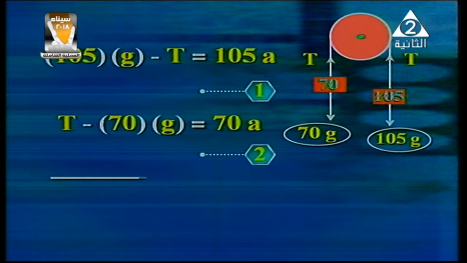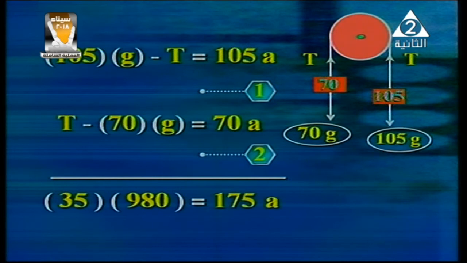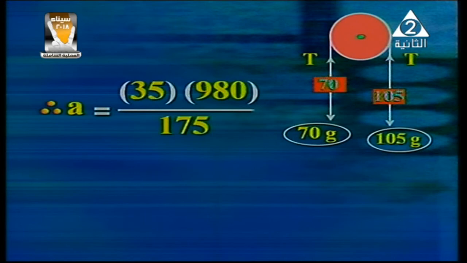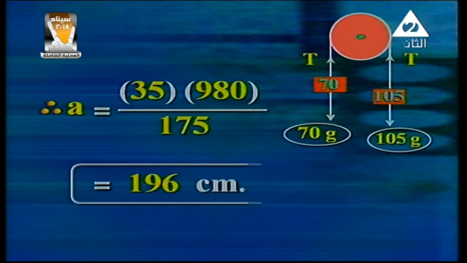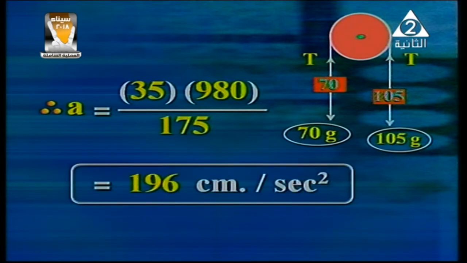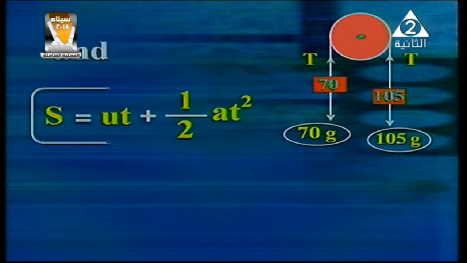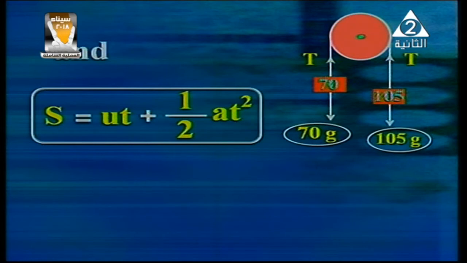By adding the two equations to find the value of acceleration, then 35 times 980 equals 175a. What is the value of a? The value of a equals 35 times 980 over 175. Then the acceleration is 196 centimeter per second squared. By the second Newton law, S, which represents the distance, equals ut plus half at squared.